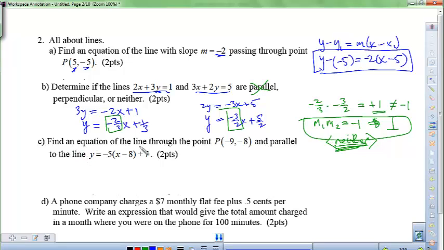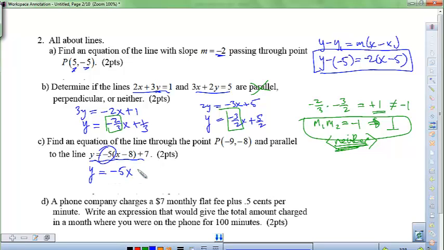Part C, find an equation of a line passing through the point (-9, -8) and parallel to the line y is equal to -5(x minus 8) plus 7. So if it's parallel to this line, we need to have the slope be the same. So what is the slope of this line? Well, the slope is actually -5, if you want to just multiply things out to be absolutely sure.